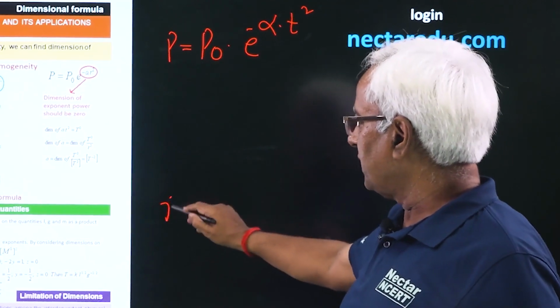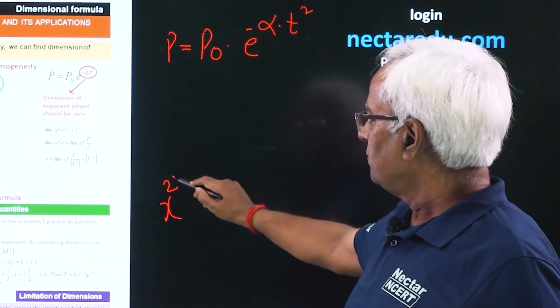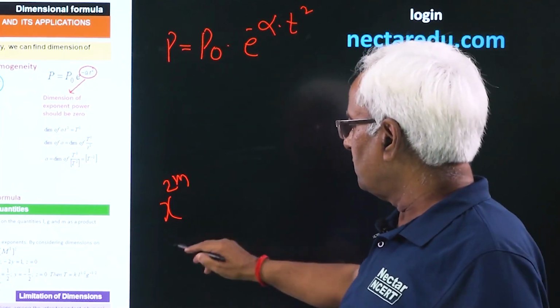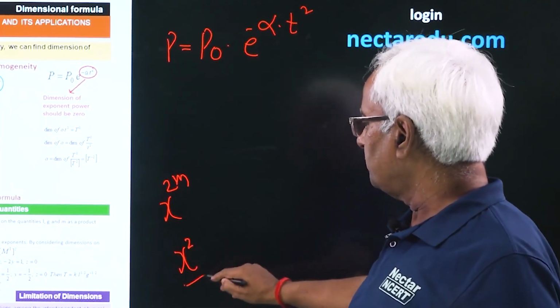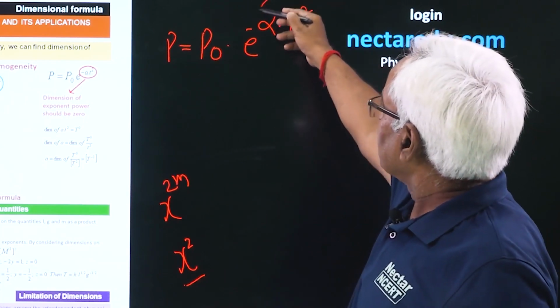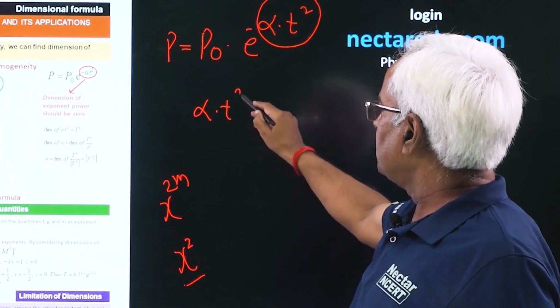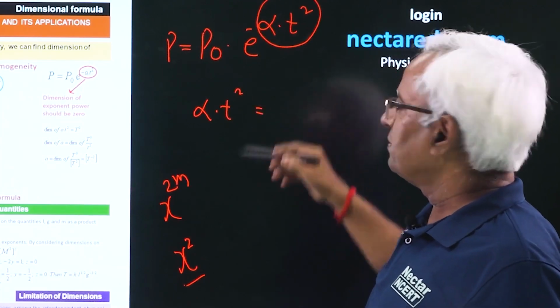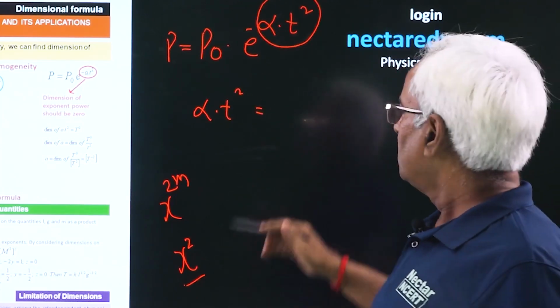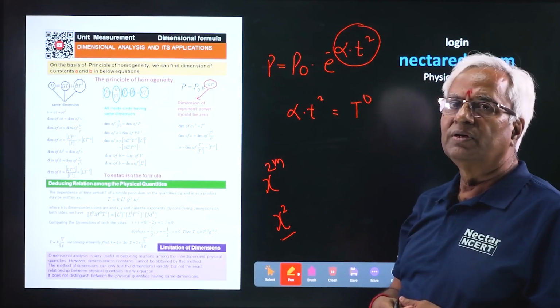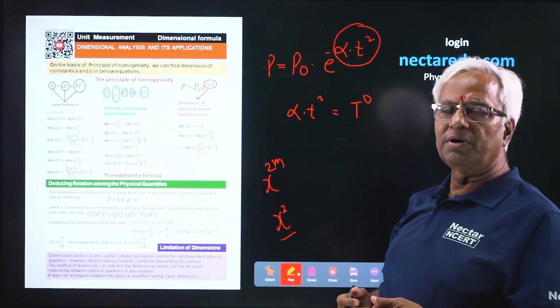You can never say x to the power 2 meters; that's meaningless. It's only x to the power 2. Similarly, this expression alpha t square will have no dimension, meaning M0 L0 T0. It is dimensionless, a pure number.